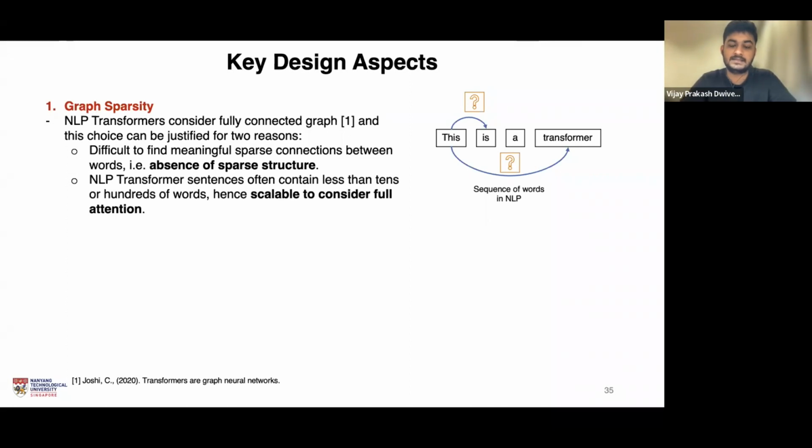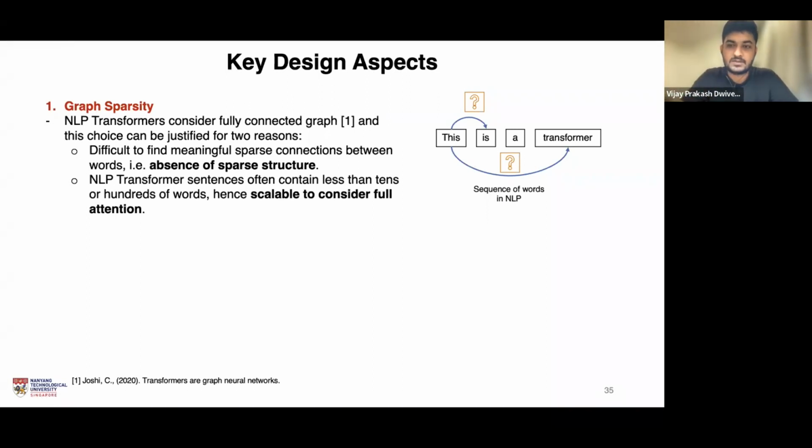Because first, it's very difficult to find a meaningful sparse structure between different words in a sentence. If this is a sentence, we don't know how this and transformer are related, or how the words this and is are related. And we don't know how many words are related to a particular word in consideration.